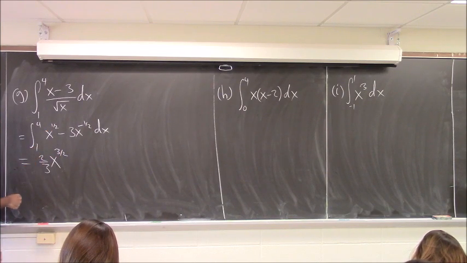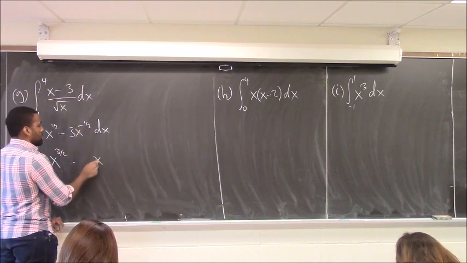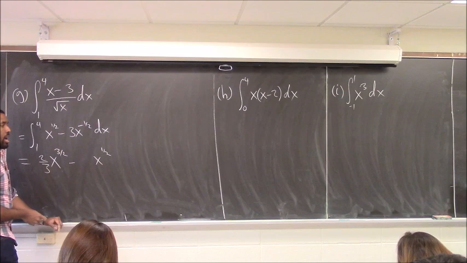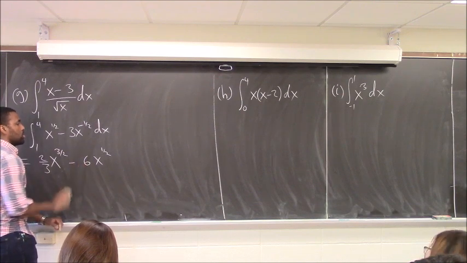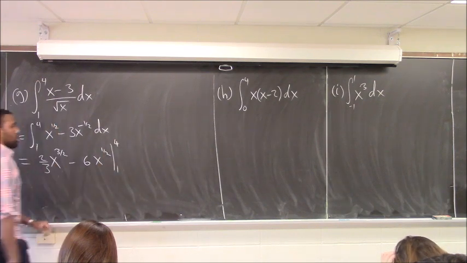Add 1 to the power, you get 3/2. Divide by the new power. Dividing by 3/2 is the same as multiplying by 2/3. Same thing here. Add 1 to the power, you get x to the 1/2. Divide by 1/2, it's the same as multiplying by 2. So you end up with 6 here, the 2 times the 3, and plug in 1 and 4.